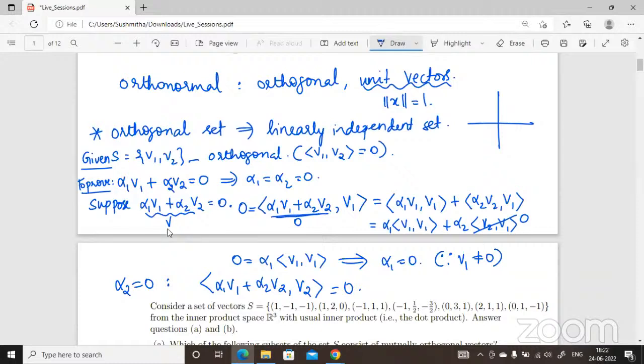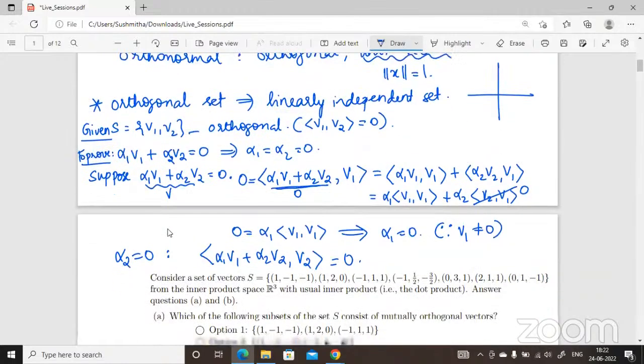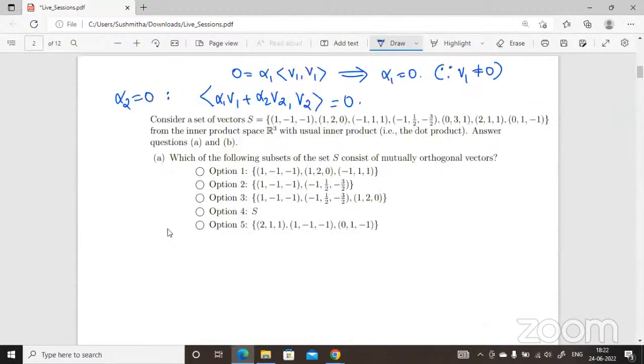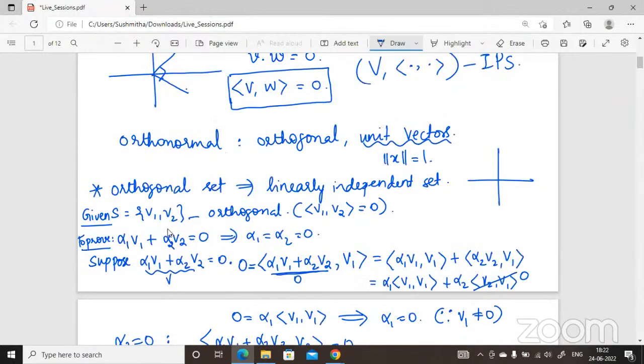The other way is the question. For R2, (1,0), (0,1) is an orthogonal set, right? Yes. Someone suggested (1,1) and (1,0).